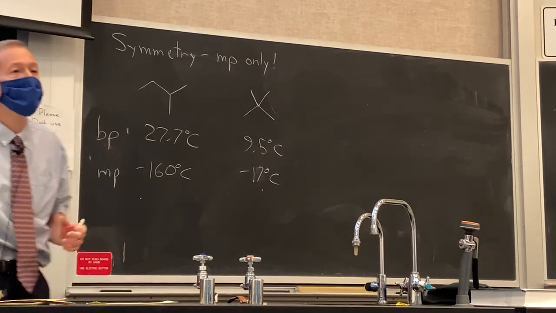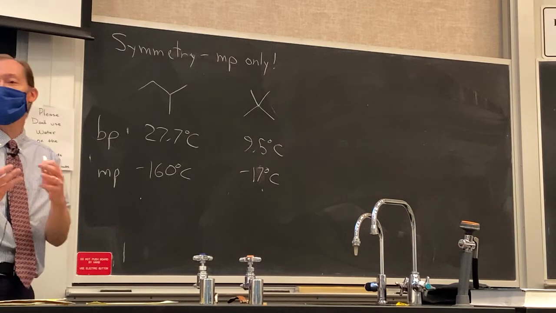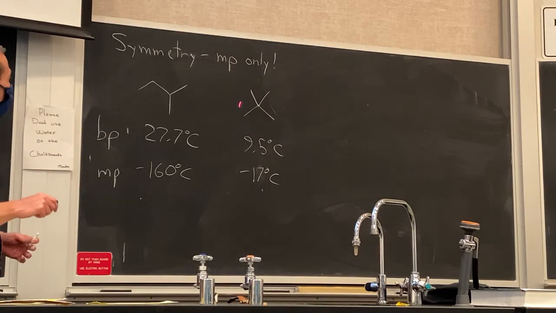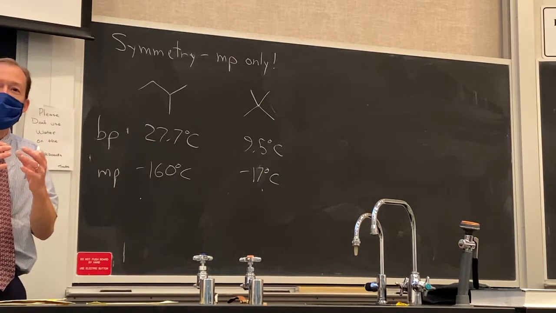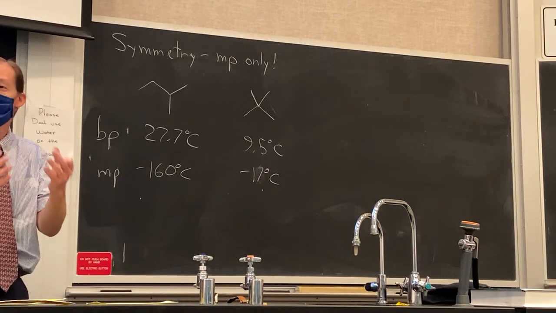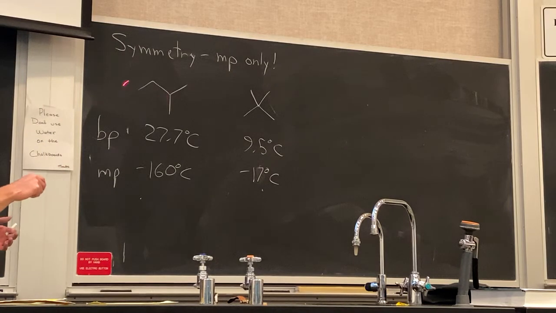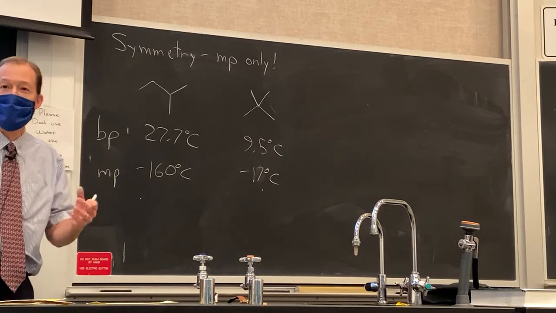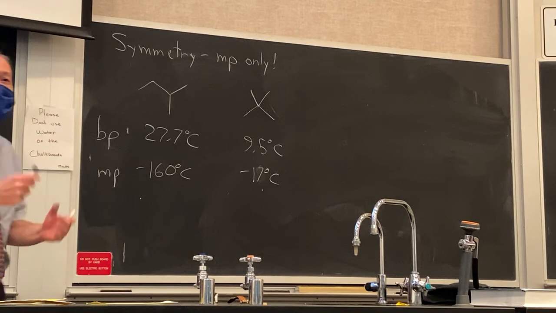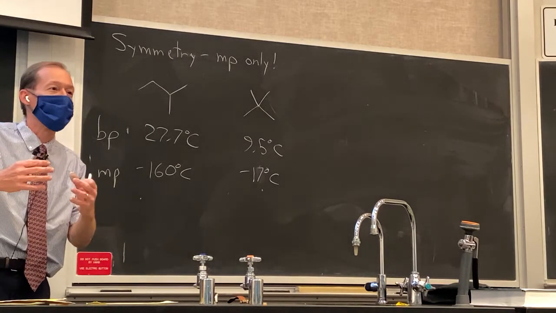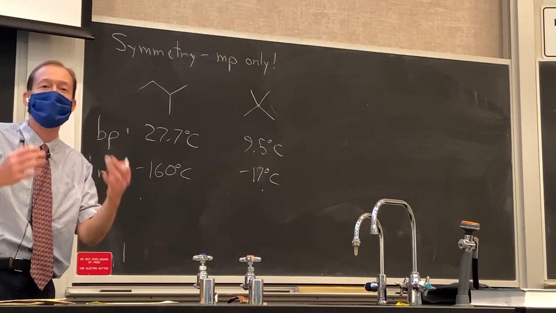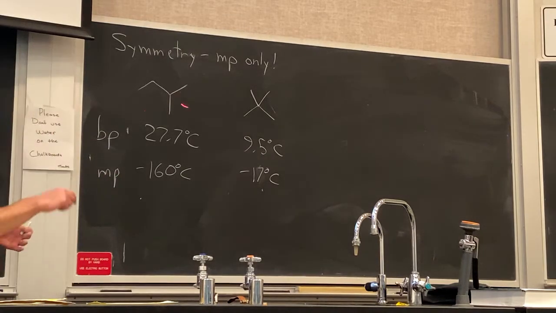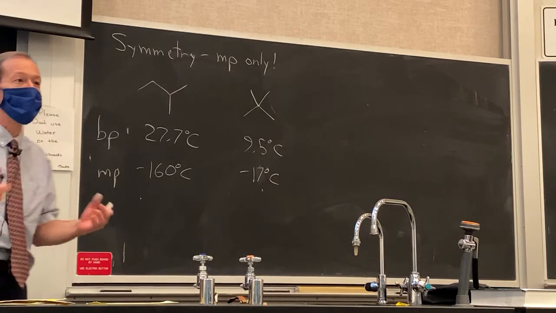Okay, so because of that very tight packing in a solid, then you can get more molecules of 2,2-dimethylpropane closer together, and in the end have stronger van der Waals forces holding them together than you can with 2-methylbutane. Because of the asymmetry here, you can't pack them as tightly. You're going to have more open space in the packing, and therefore you have less van der Waals forces in the solid phase here than you do here.